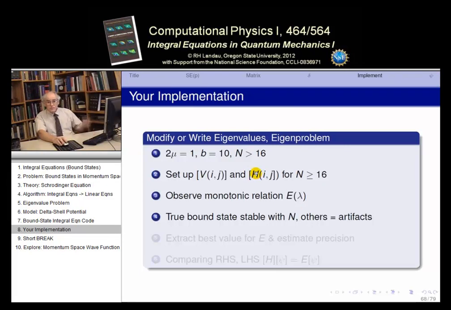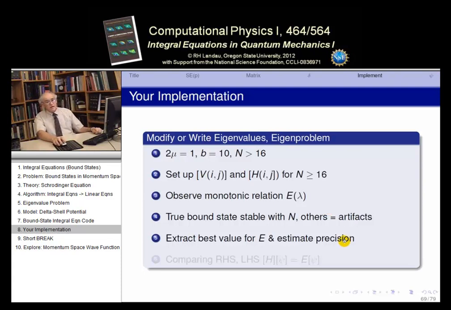Certain eigenvalues will just change slightly. Others may jump around. So ones that jump around are probably just noise or numerical artifacts. The one that seems to get stabler and stabler, changing in the second, maybe the third, fourth decimal place as you get n larger and larger, those are the good ones. Those are the real eigenvalues. So estimate the precision of your eigenvalue and determine what the best is.